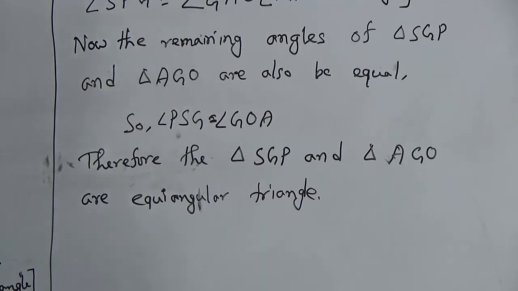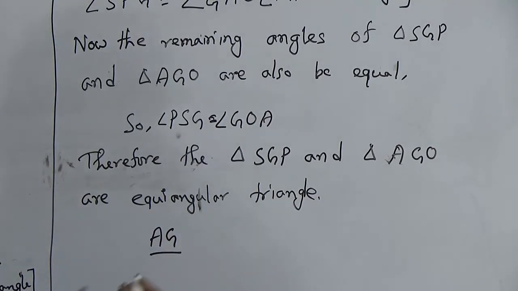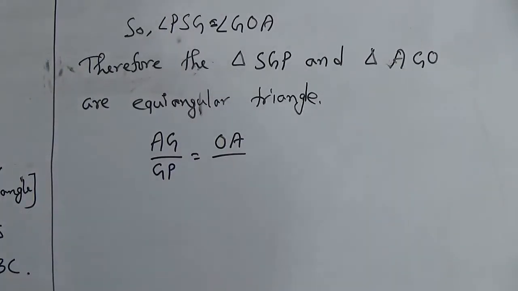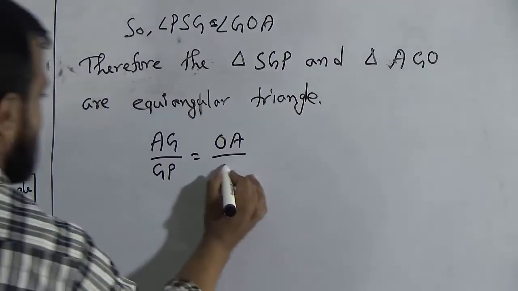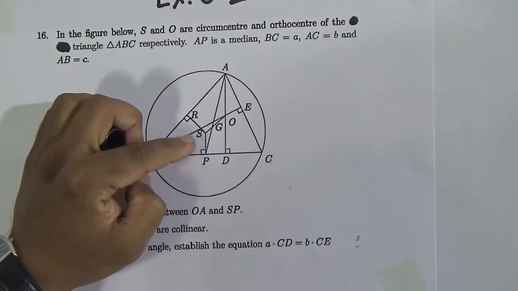That means we can write down, my dear students, AG divided by GP, that's equal to OA divided by SP, because look at the figure, AG is the opposite side of the angle O, that means AOG, and AOG is equal to PSG.